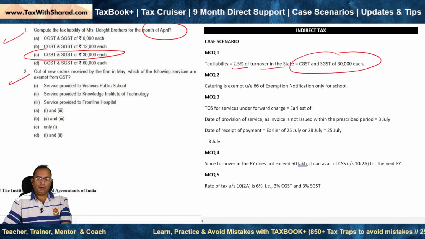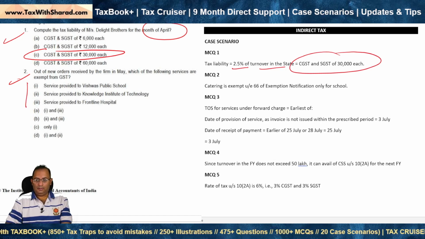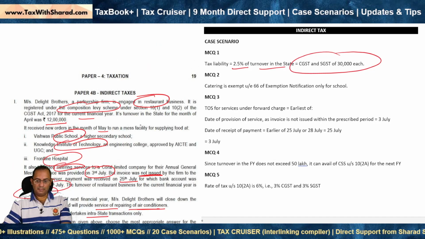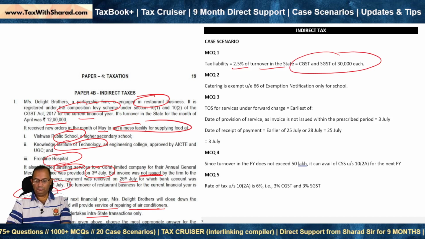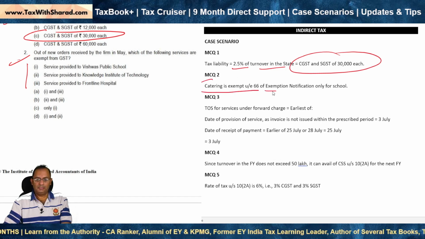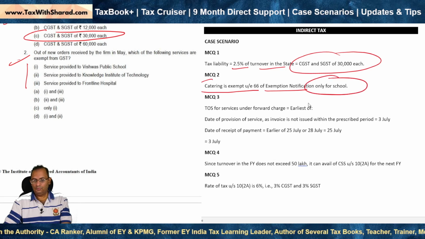Next question is, out of new orders received by the firm in May, which of the following services are exempt? So these were the new orders for providing mess facility for supplying food, so catering service. We studied while noting the exemptions that catering is exempt under entry 66 of exemption notification only for a school.